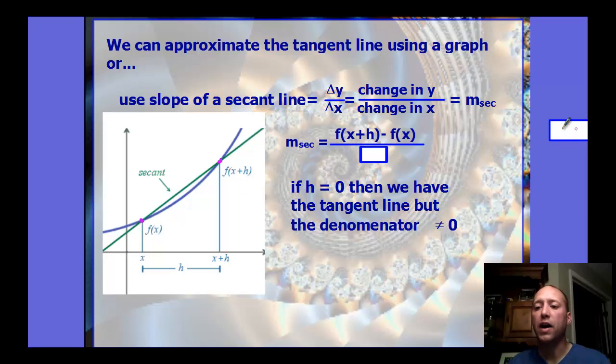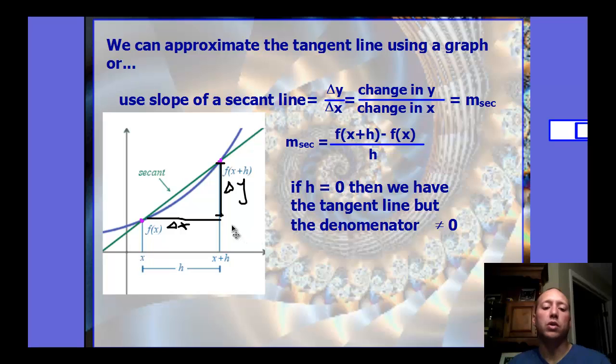So that's subtracting our y values, taking this y here minus the other y. So this right here is going to be the change in y, divided by the h value, where h is the change in x right here. So change in y divided by change in x, which is our slope.